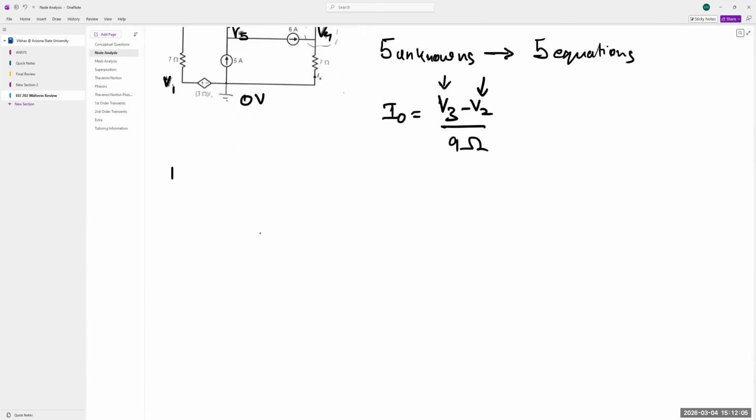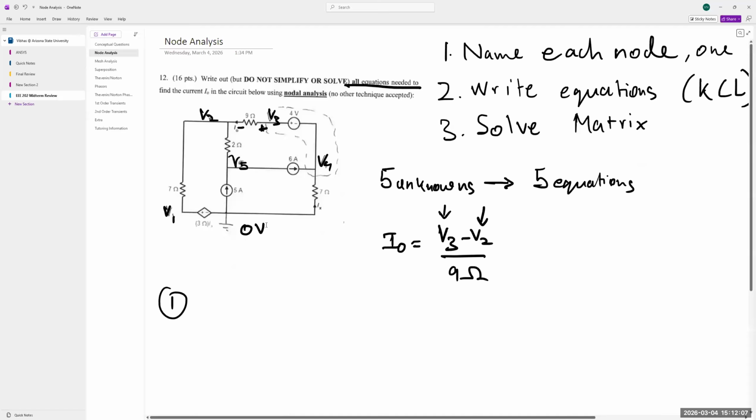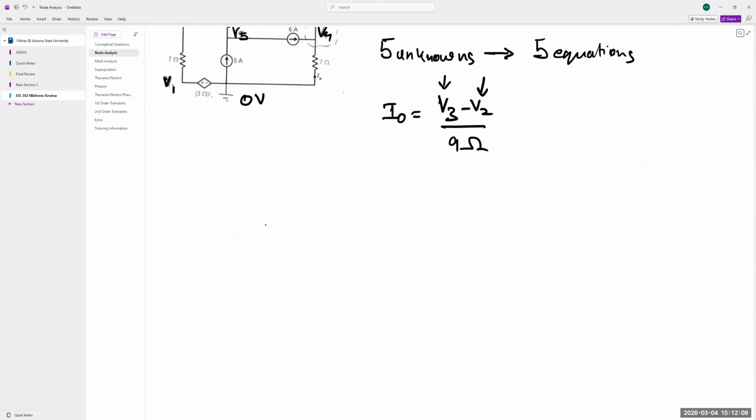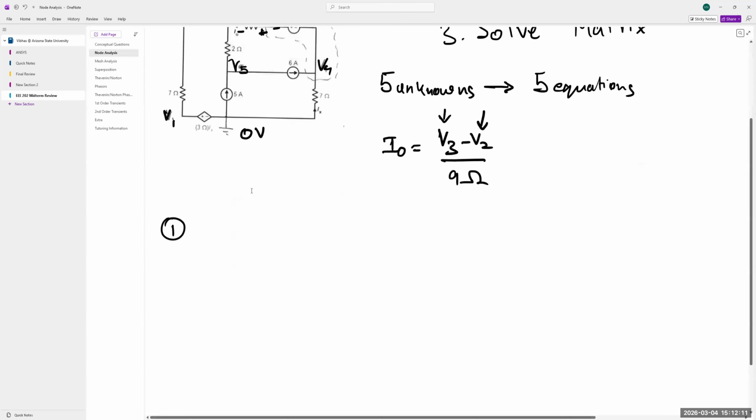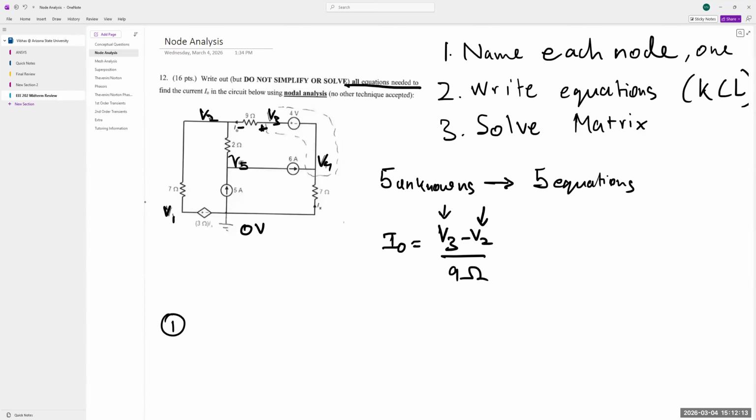So let's start writing our node equations. Let's write down the equation for V1 first. In the node V1, if we apply KCL, the current entering should be the same as the current leaving, or all the currents leaving should add up to zero. There's a current going up, there's a current going to the right.